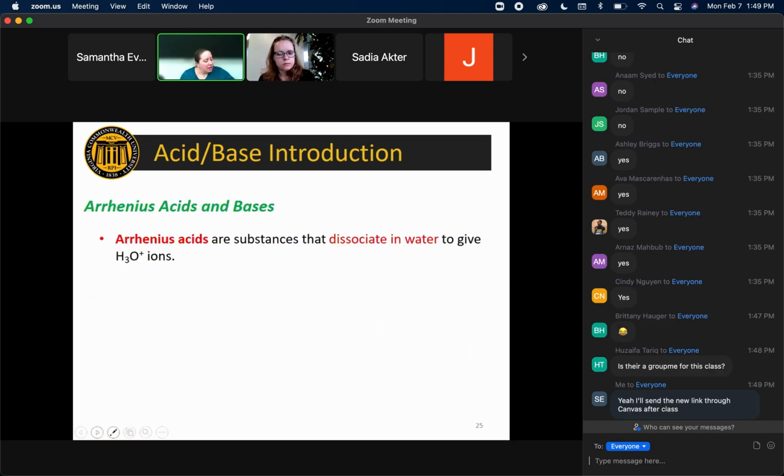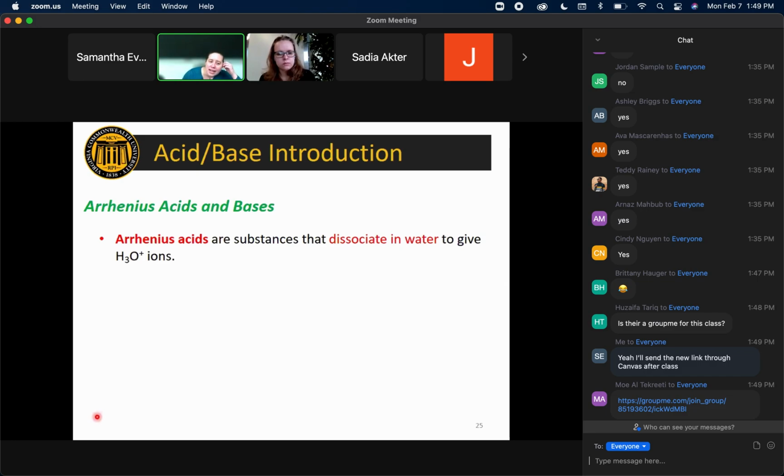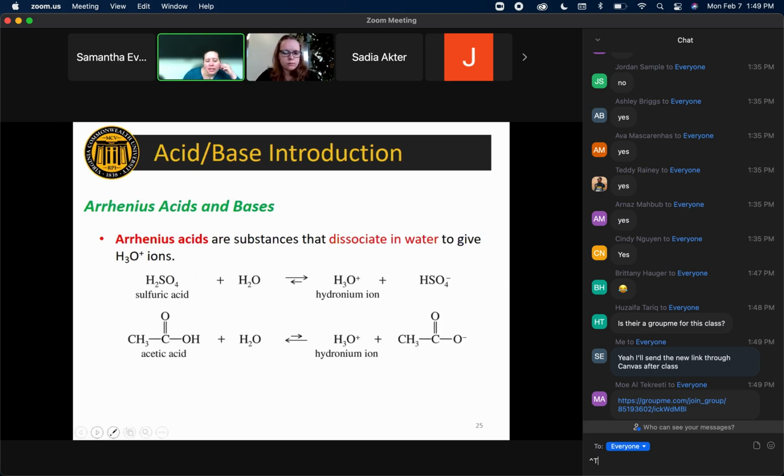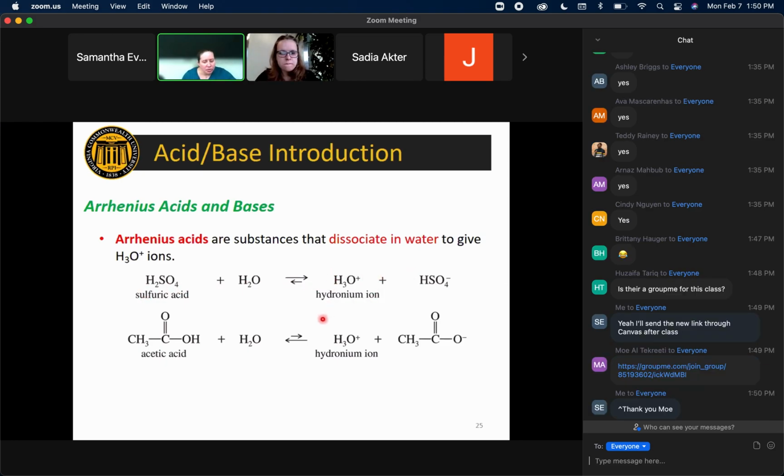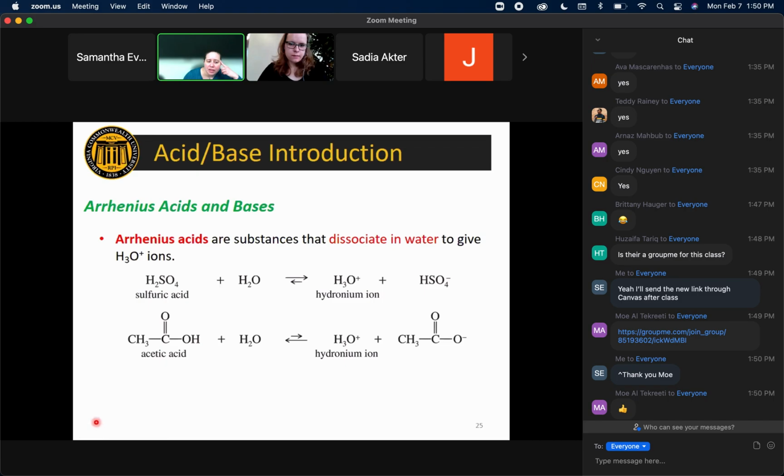For Arrhenius acids and bases, we are talking again about substances that dissociate in water to give H3O+ ions. An example would be sulfuric acid in water, which dissociates strongly to give H3O+, or acetic acid, which also dissociates in water to give H3O+.